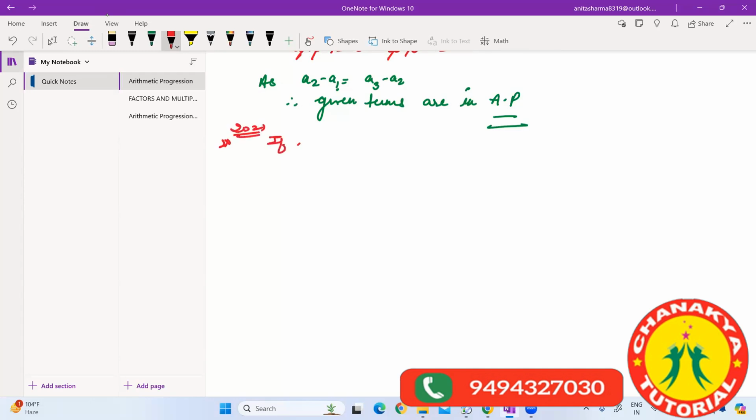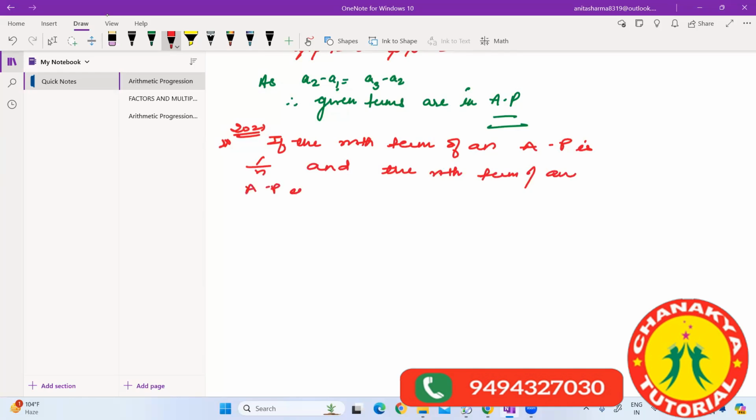If the mth term of an AP is 1 upon n, and the nth term of an AP is 1 upon m, then prove that the sum of mn terms is half mn plus 1.